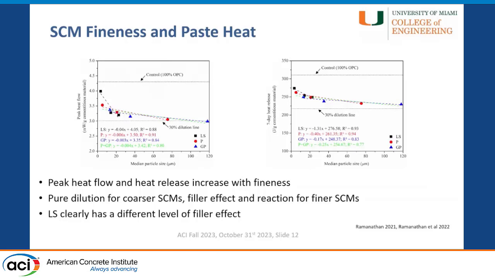Limestone clearly has a different level of filler effect, as you can see from the slope on the two plots. The black dotted line is for limestones. As the fineness increases, its effect on cement paste heat exponentially increases.